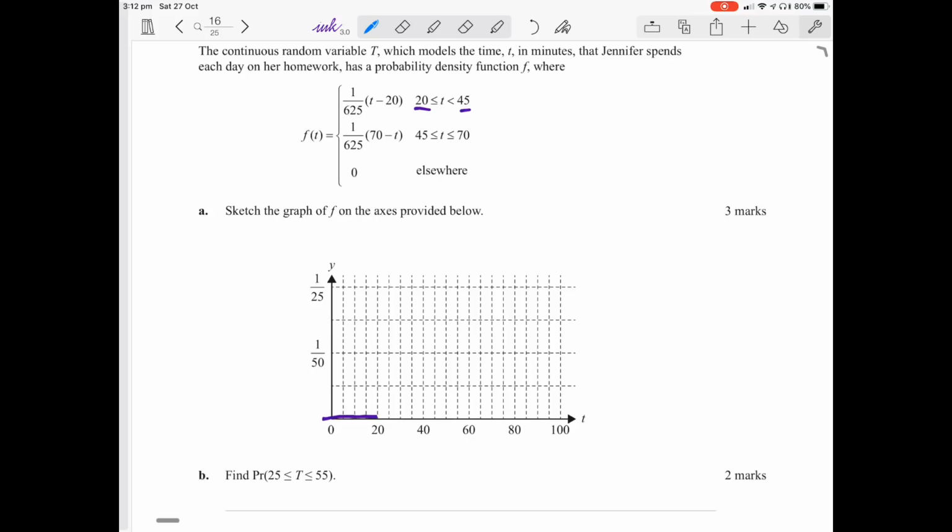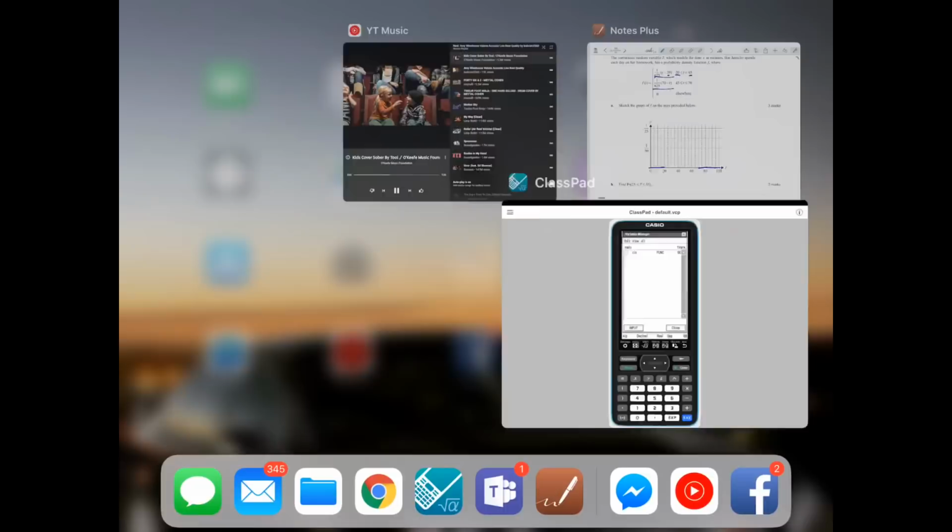So you've got to put 0 there, and then 0 there, because it says 0 otherwise. This starts at 20, so when I put 45 into that, I'm going to get 20. Actually, let's just define them. I'm going to call this f of x, and this g of x.